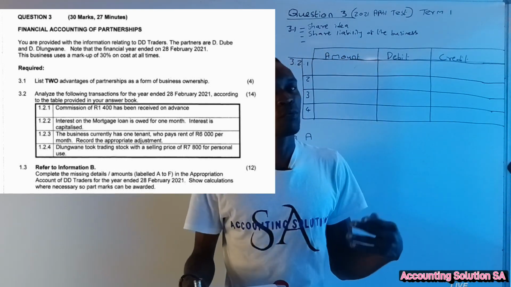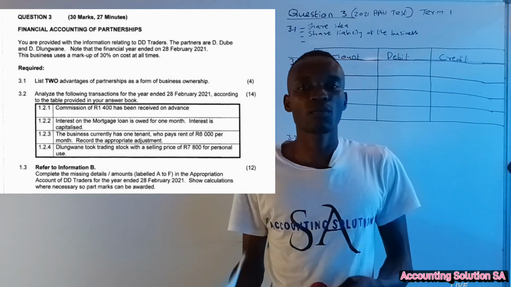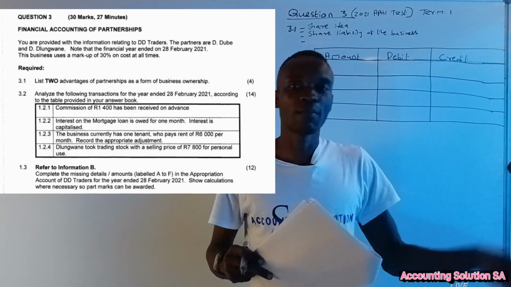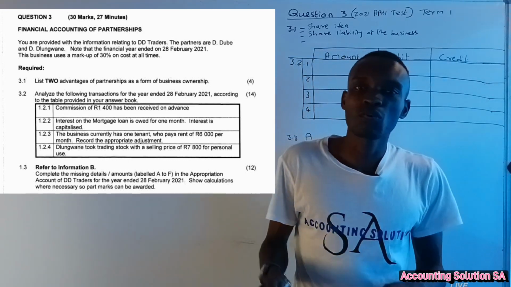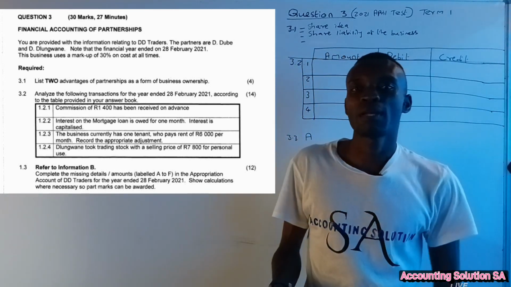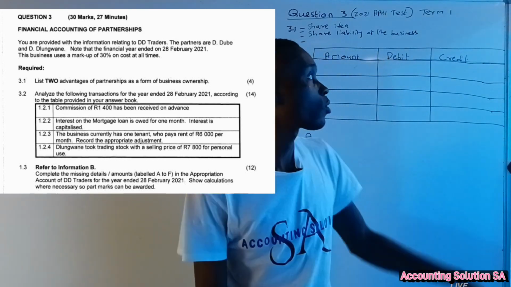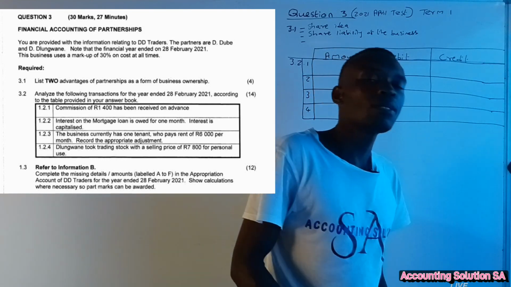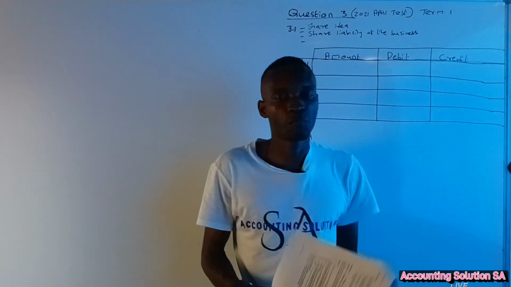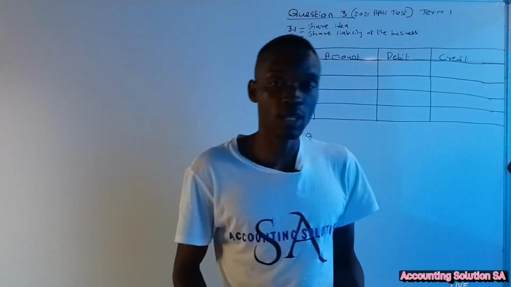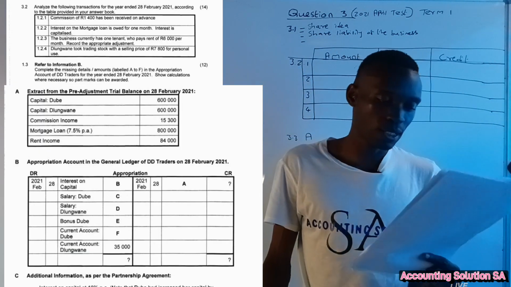For example, if you owe 10 rand, you are not going to contribute that 10 rand alone, but you are going to share 5 rand each so that it makes 10 rand and you pay the liability of the business. So it's a good idea. We have many advantages and disadvantages. You have to make sure that you do revision about that, because you don't know if in the test that you are going to write, they will ask such a question.